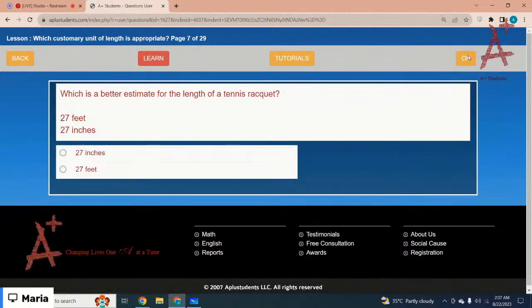Which is the better estimate for the length of a tennis racket? Which is the correct option?